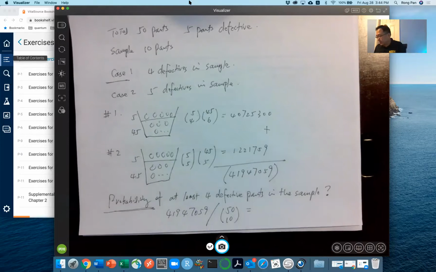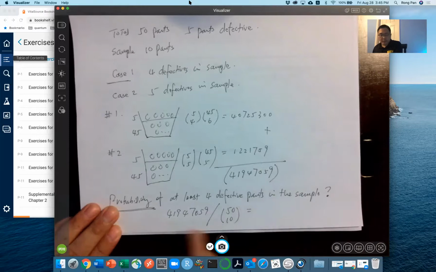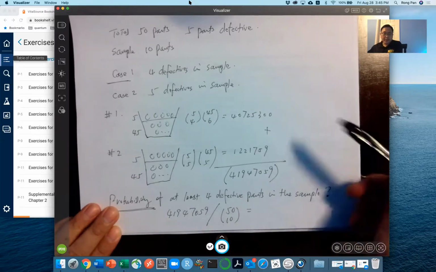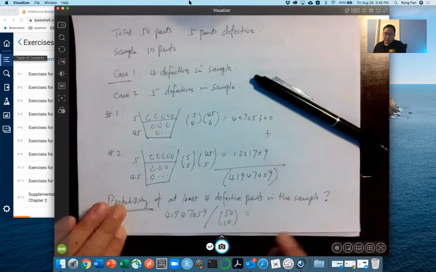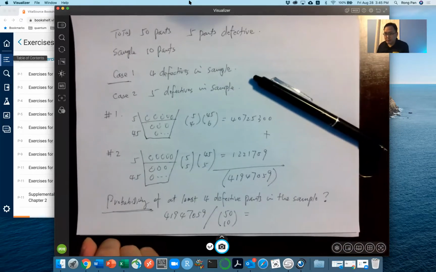All right, so you can calculate this number. Okay, again, you can use the calculator, calculate the value of this combination and take the ratio. All right, so you will see a similar problem in your homework, and I hope all of you can get the correct answer. All right, so that's it.